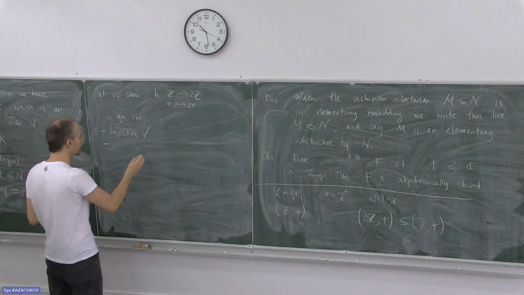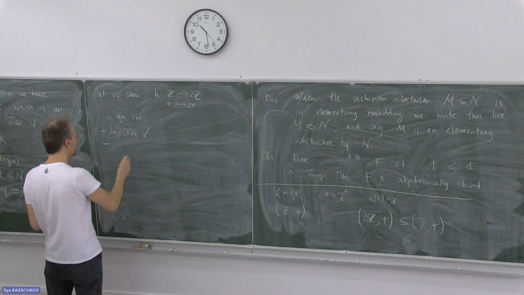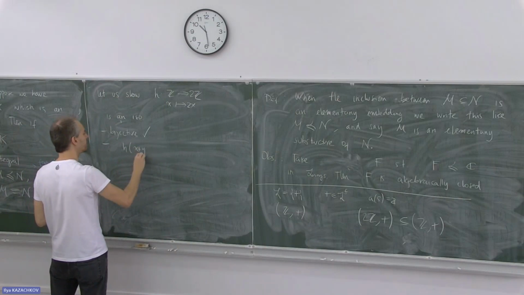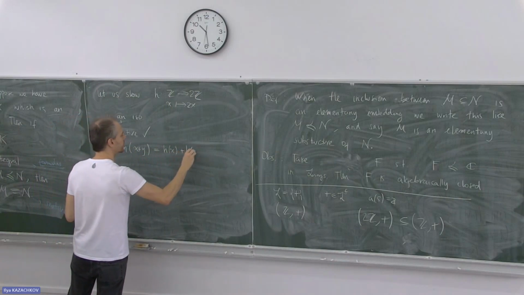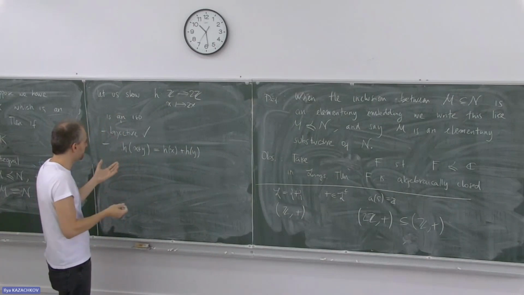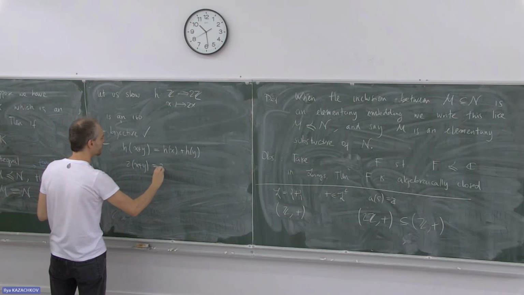So we only need to show that this diagram commutes for the function, right? We need to show that h of x plus y is equal to h of x plus h of y, right? This is the commutativity of this diagram, but this is kind of silly to show, right?